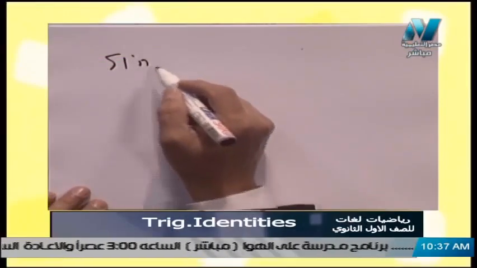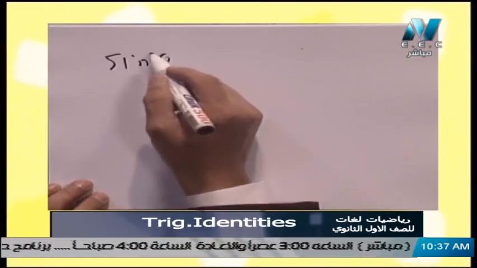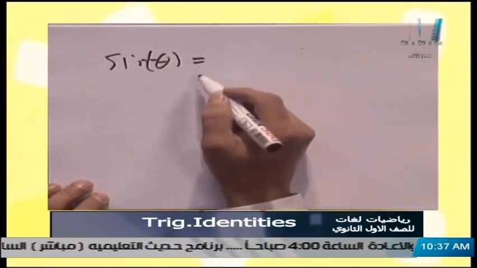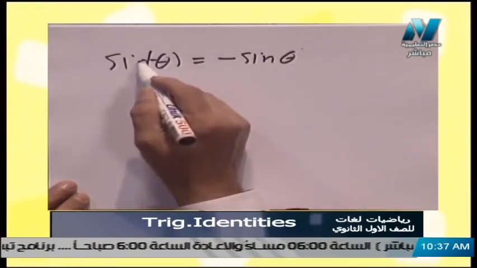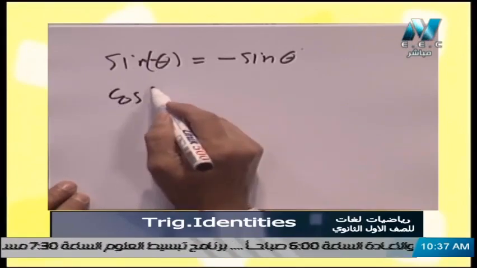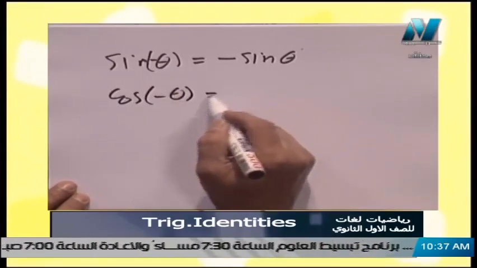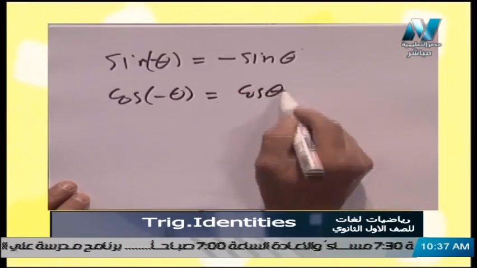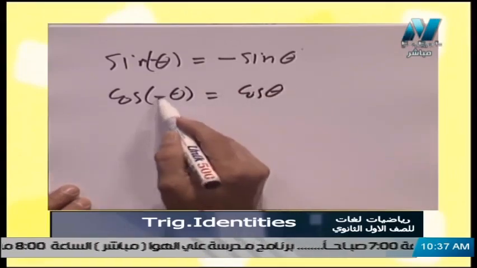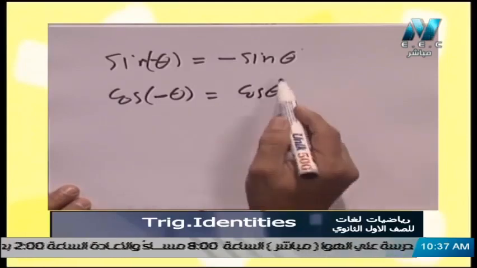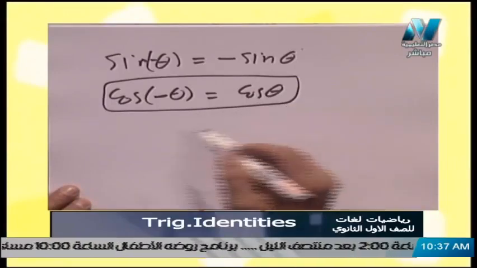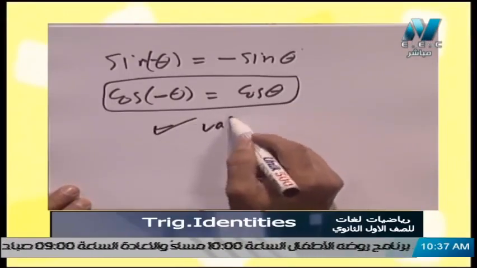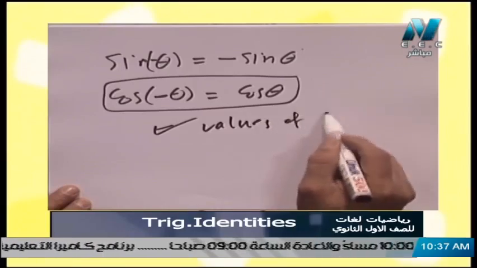If we have sine of negative theta, we know that it equals negative sine theta. And also cosine of negative theta equals cosine theta, because cosine is even and the negative vanishes. So cosine negative theta equals cosine theta for all values of theta.